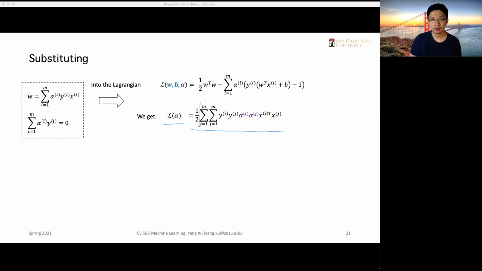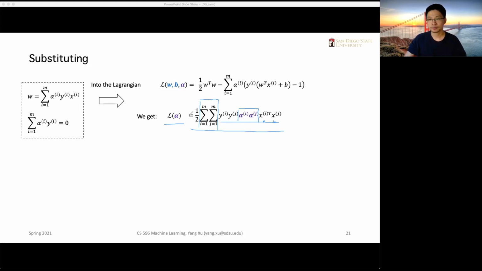It's a double summation, and each item is yi times yj, the product between alpha i and alpha j, and xi transposed times xj. There's a transpose because x is a vector, but y is a label, which is -1 or 1.